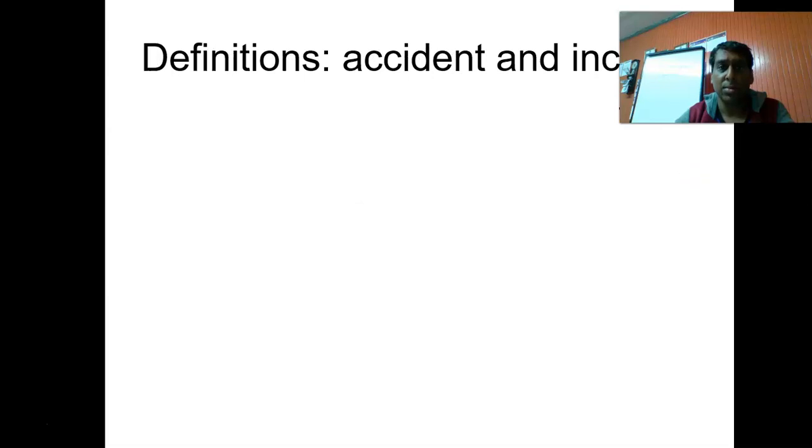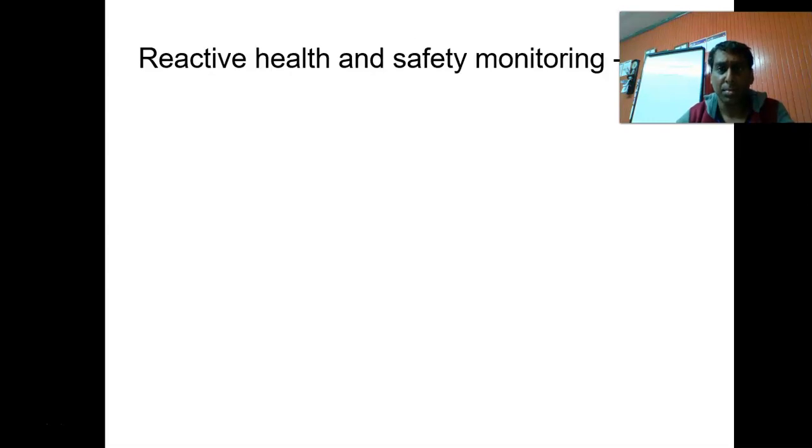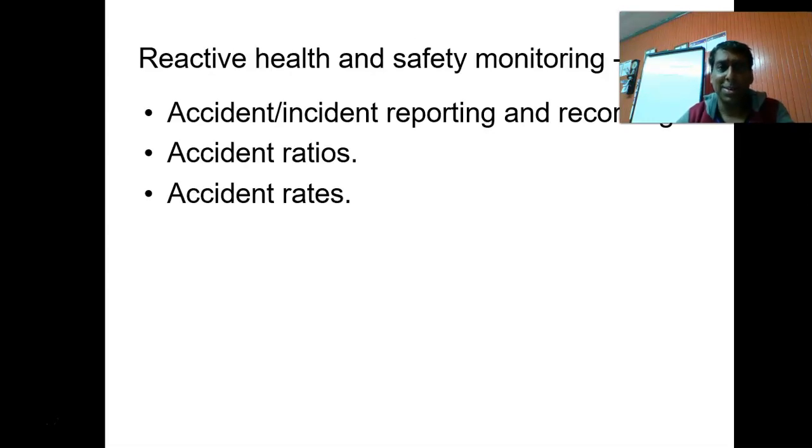So a simple definition for those who don't know it: an accident is what has led to the undesired outcome. And an incident would have all these circumstances that could lead to an accident, but of course there wasn't an accident. So it could have caused an accident, but of course it didn't, right?